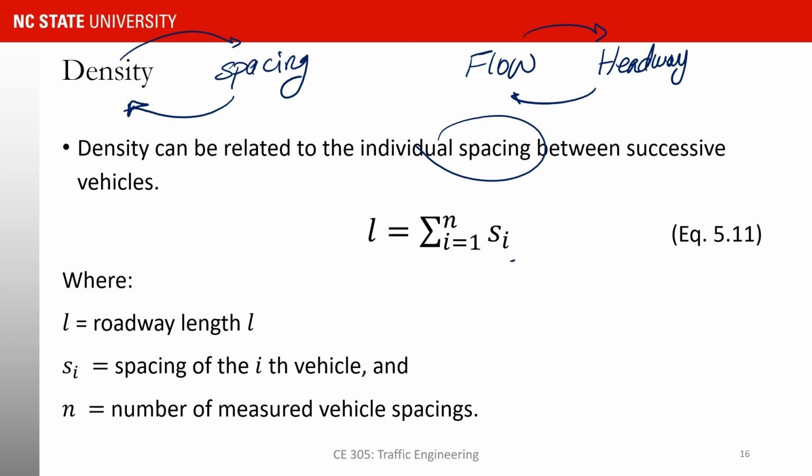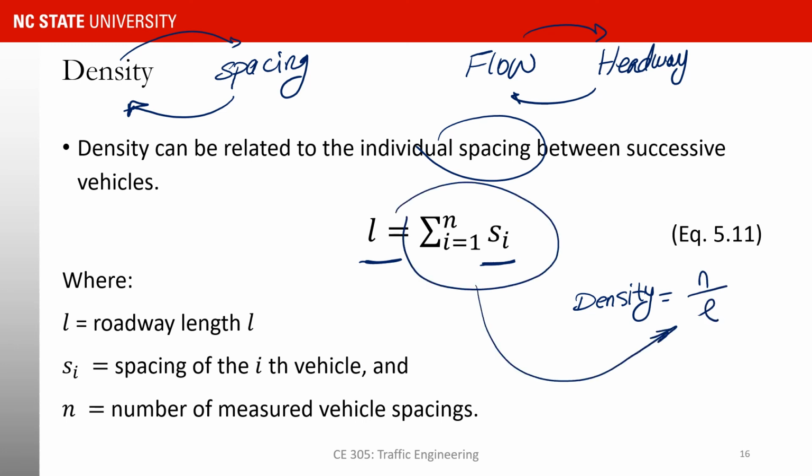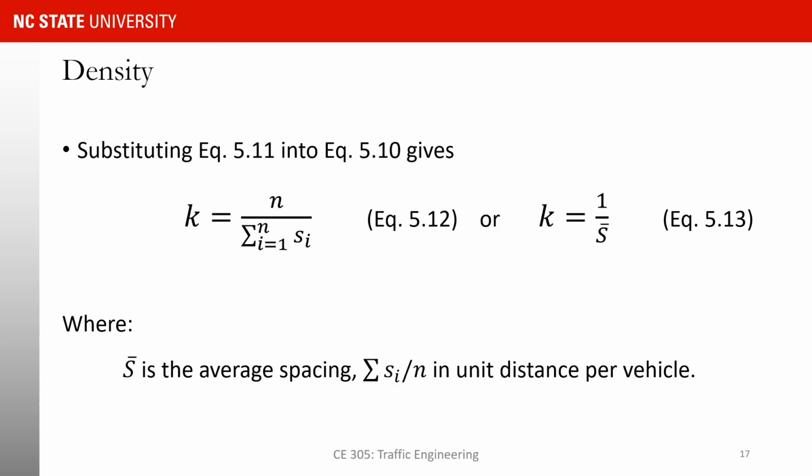So the summation of all S's is going to give you L, right? And you remember that density was N divided by L. So I'm going to replace L with this in the next slide. So rather than K equal to N divided by L, I'm going to divide N by summation of Si.